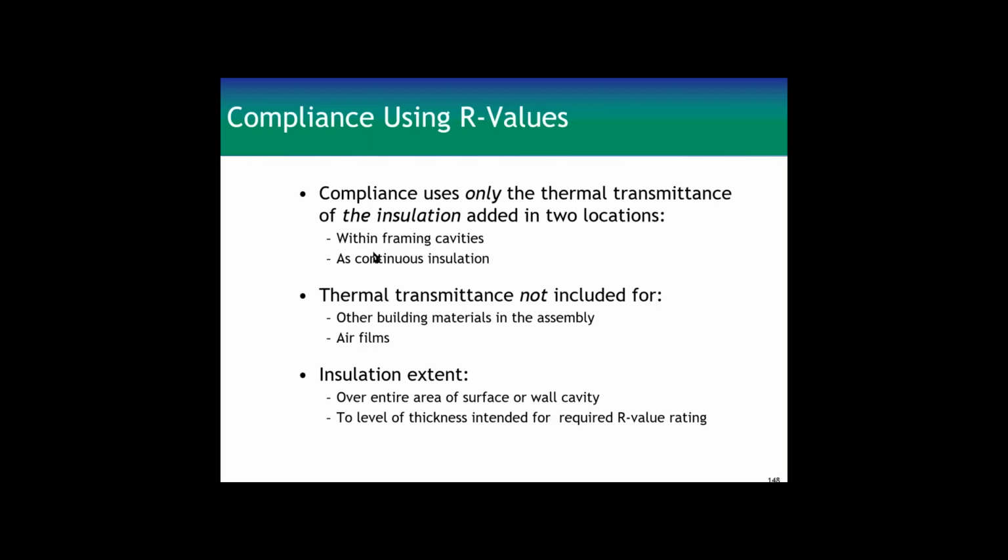So again, you can just use the R values when complying with R. You don't have to worry about your film or your airspaces or any of that, unless it's a whole bunch different from a normal wall. The insulation has to extend over the entire area of the surface or wall cavity, and it has to be the right thickness to make the R value rating. So you can't squish it into the wall.